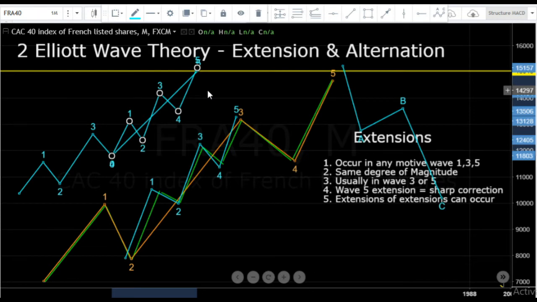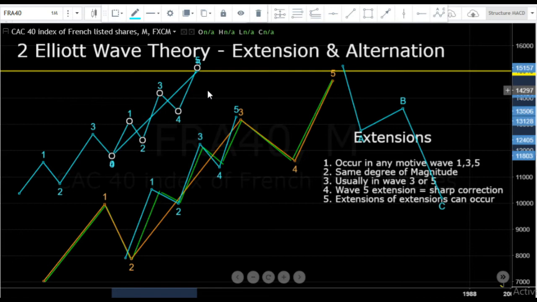So as we said, things aren't just like painting by numbers, guys. It isn't just 1, 2, 3, 4, 5, 1, 2, 3, 4, 5, 1, 2, 3. We can get extensions, and we can get extensions of extensions. But if we know that they can exist, if we know that they can happen, and we know where they're most likely to happen, then we're prepared for them.